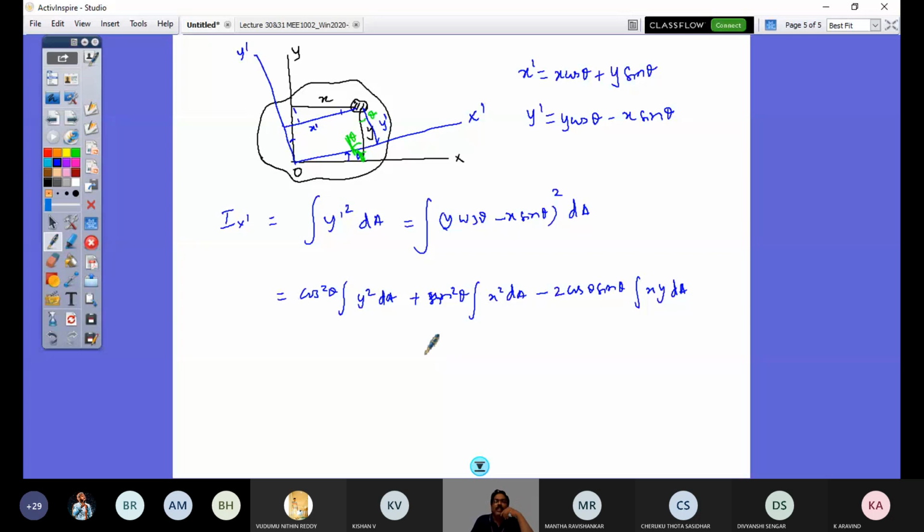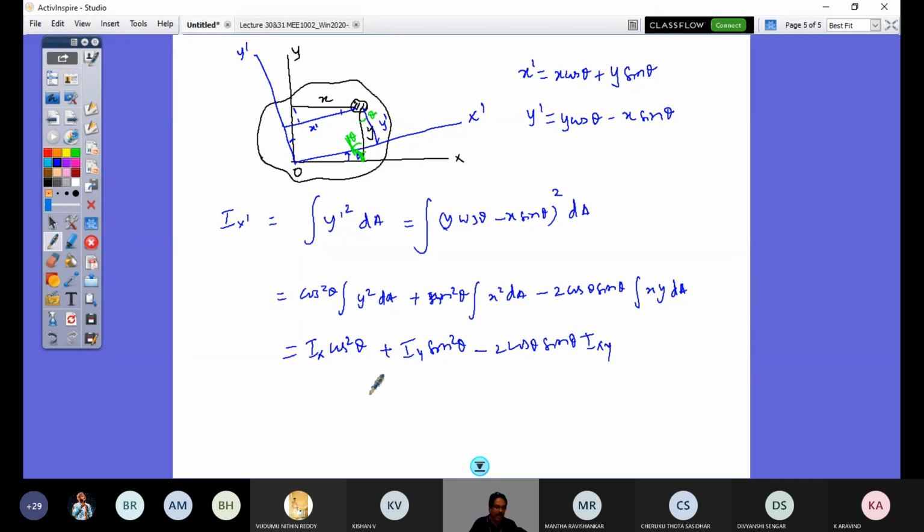So now you know the definition: integral y square dA is Ix, integral x square dA is Iy, integral xy dA is Ixy. So I can rewrite this as Ix cos square theta plus Iy sin square theta minus 2 cos theta sin theta into Ixy.